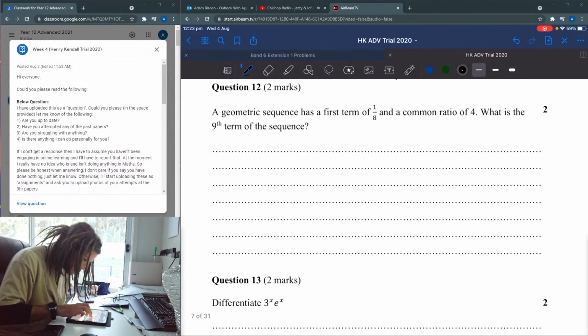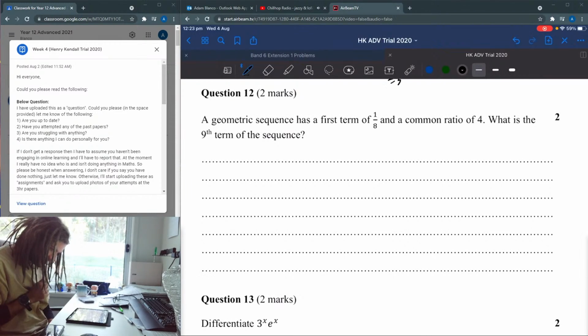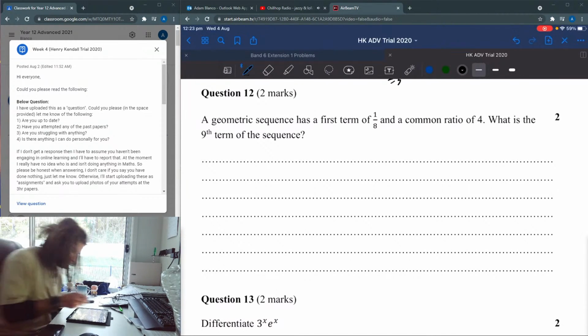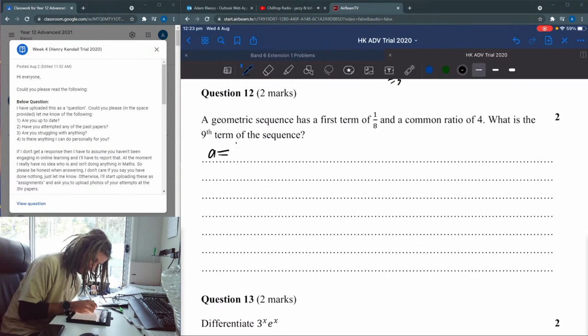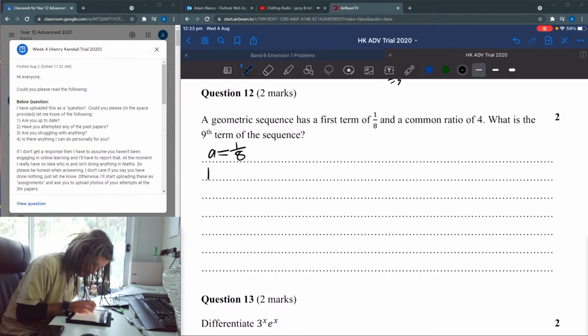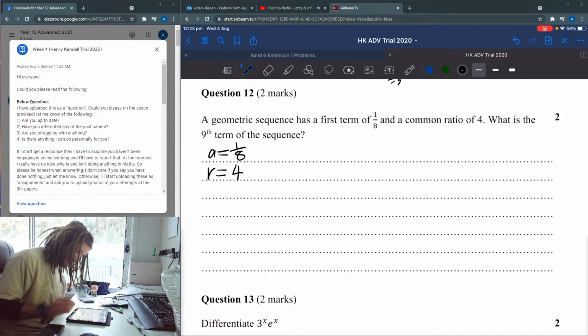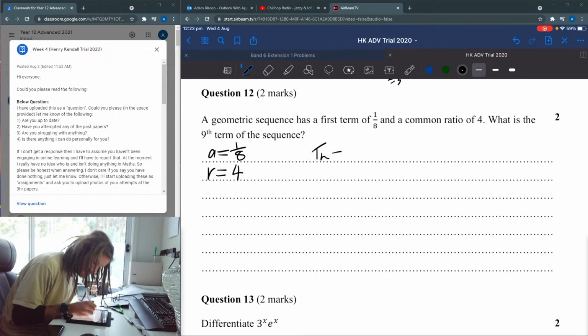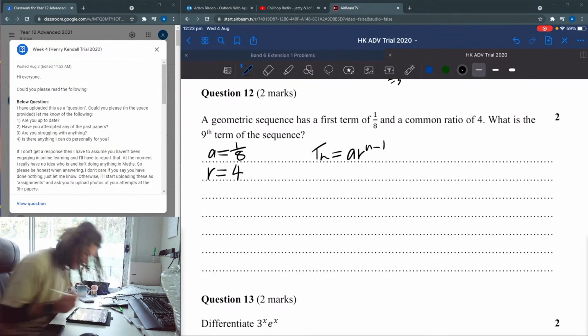A geometric sequence has a first term of that and a common ratio of that. What's the ninth term? A is my first term, 1/8. Ratio r, 4. Ninth term, Tn equals a r to the n minus 1.